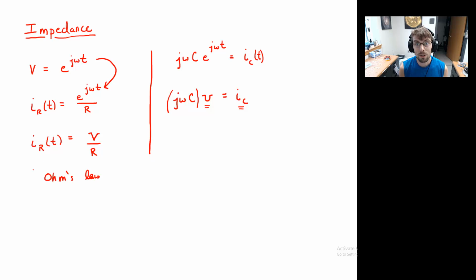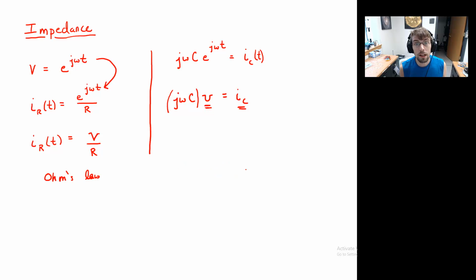If I had not used Euler's expression, you would have had I equal to negative omega C sine of omega t, and it's hard to see the relationship between I and V. But if we keep those imaginary pieces in for the moment, we now have a linear relationship between the current running through the capacitor and the applied potential.